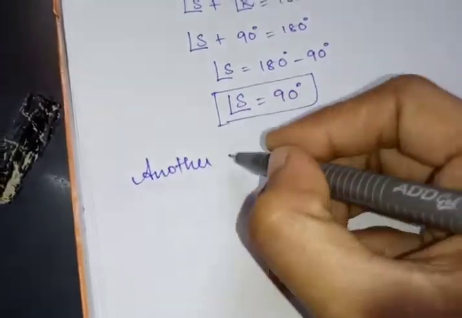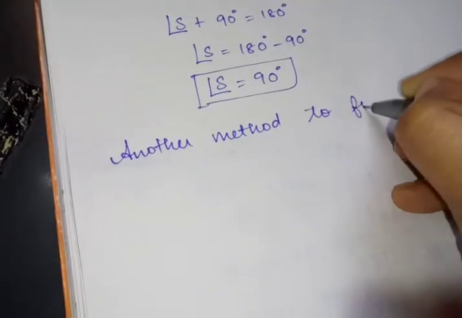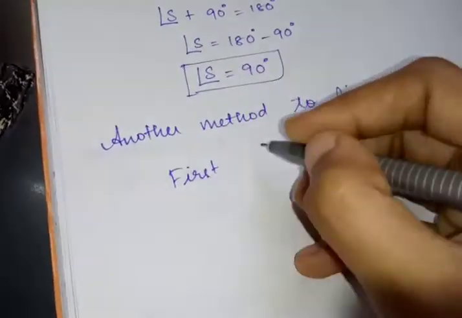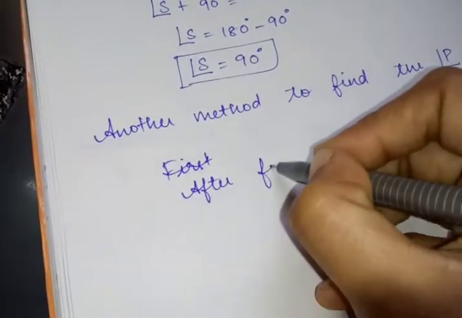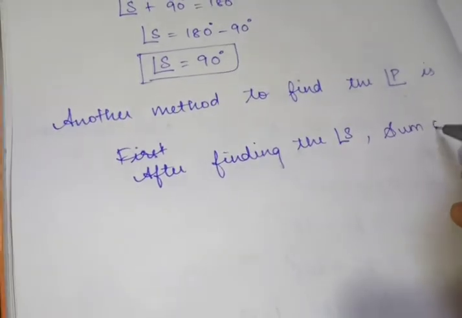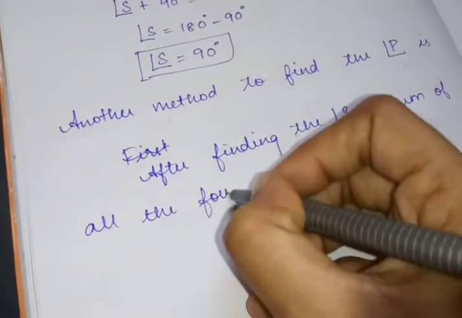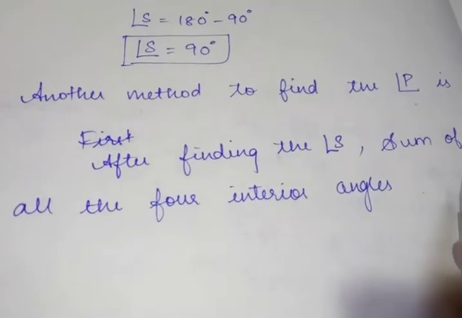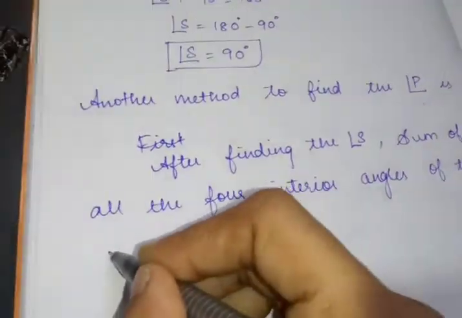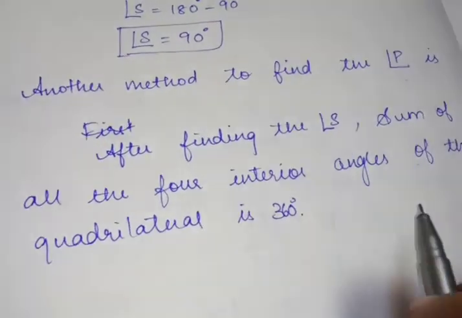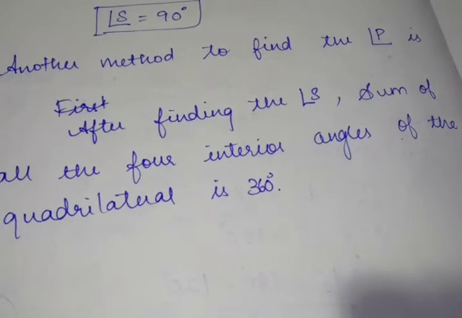After finding the value of S, another method to find the angle P is: after finding the angle S, the sum of all the four interior angles of the quadrilateral is 360.